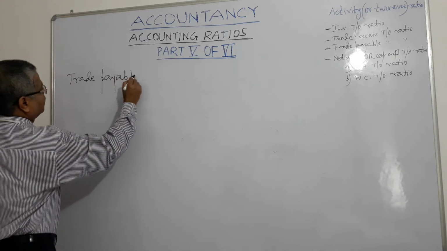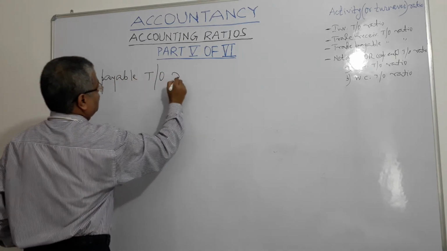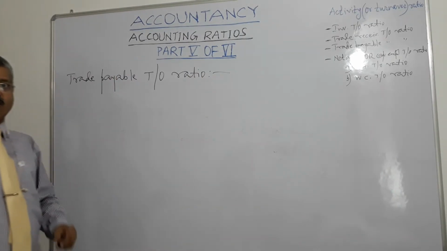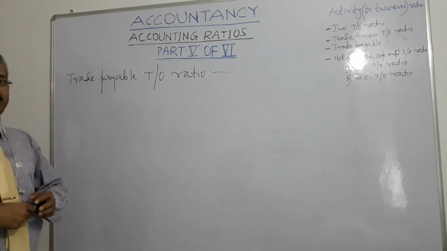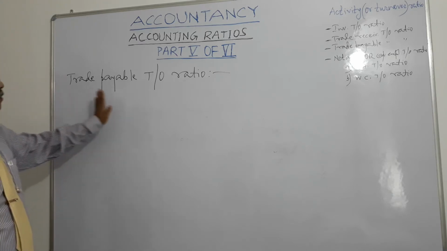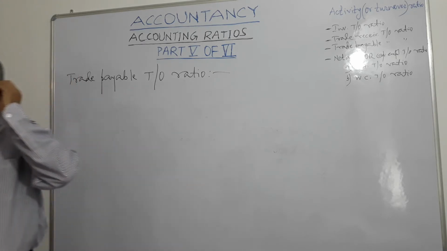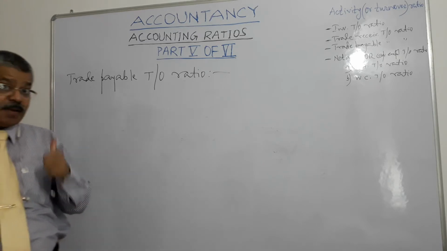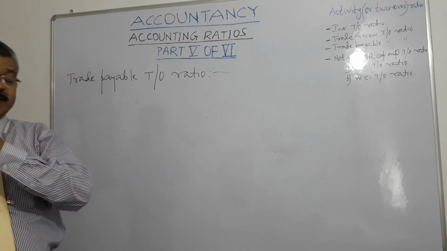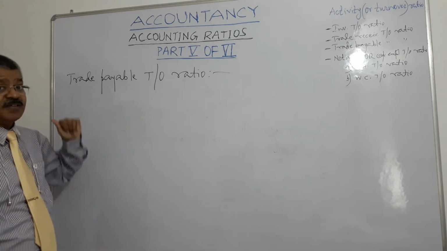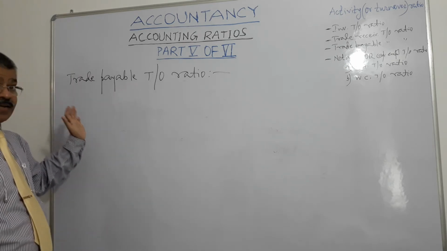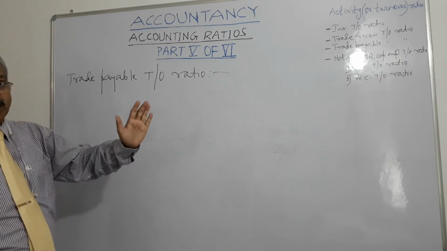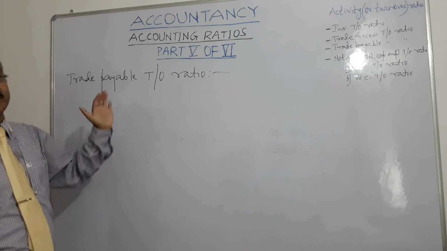Trade payable turnover ratio shows the pattern of payments made by the business enterprise. It indicates the pattern of payment of trade payables by the business enterprise: whether they are paying in time, or before time, or with a delay.